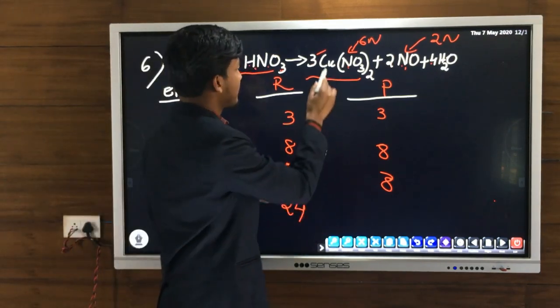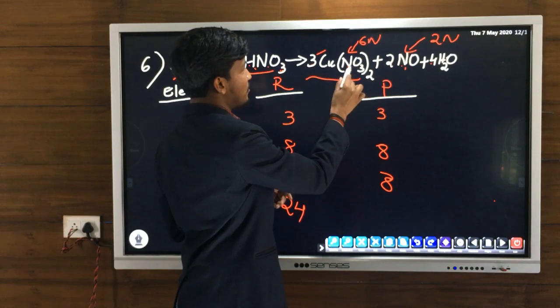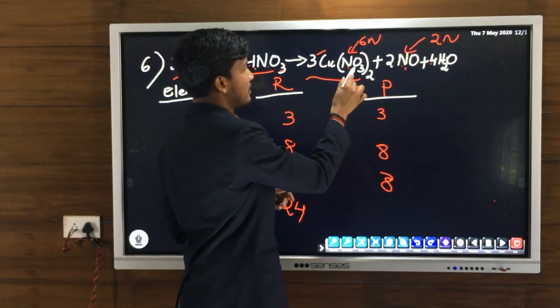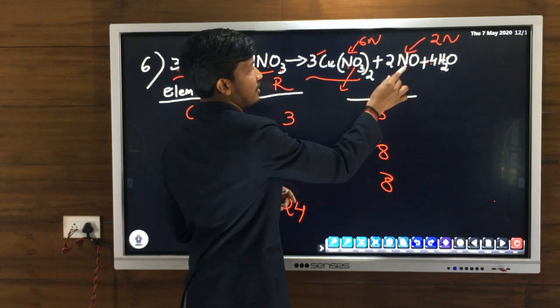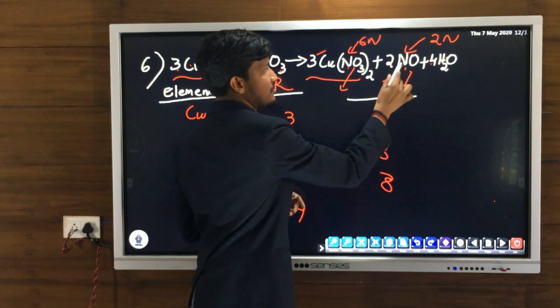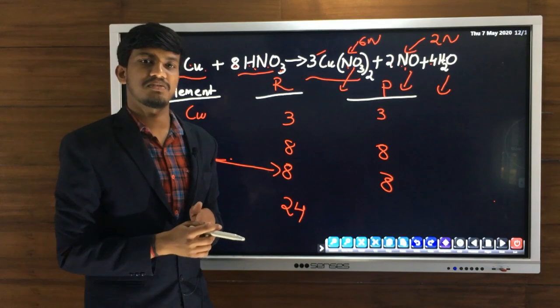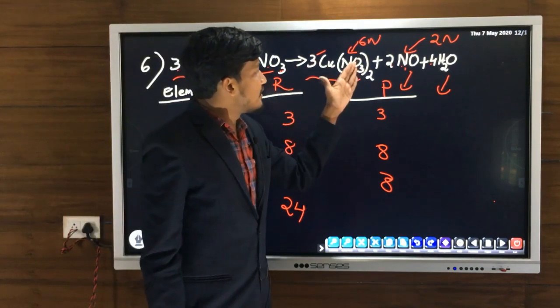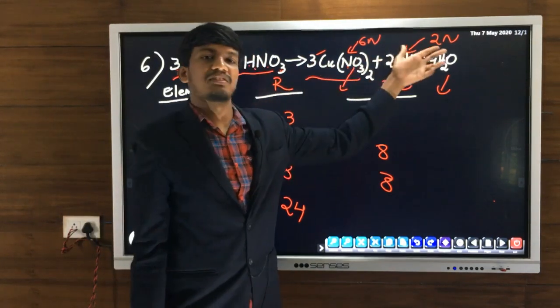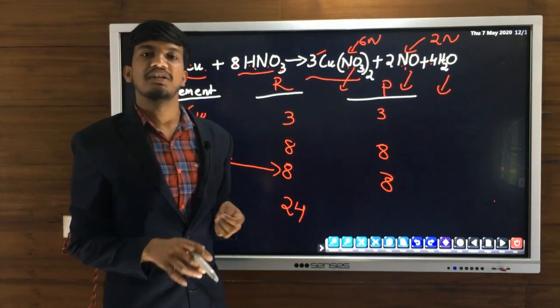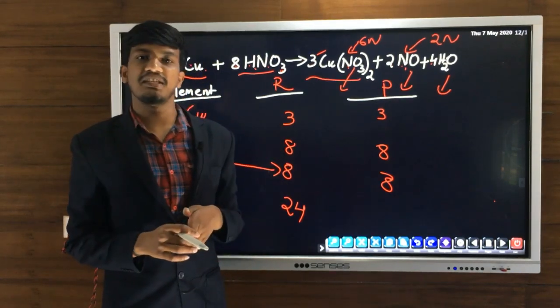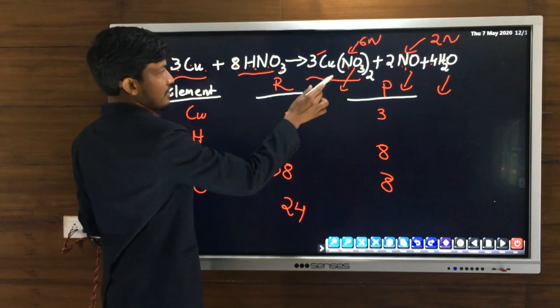Now on the right side, we can see that oxygen is present in CuNO3 twice. Oxygen is also present in 2NO. Again, in the last product, 4H2O, there is also oxygen. So oxygen is present in all 3 products, so from all 3 products we have to take oxygen atoms.